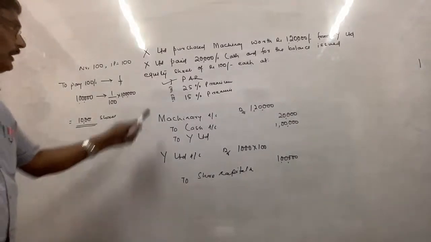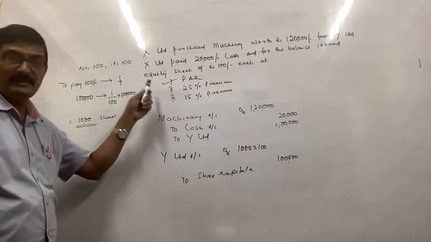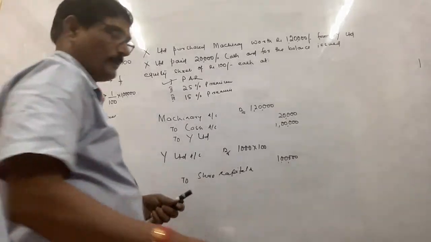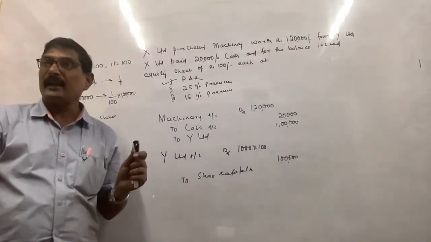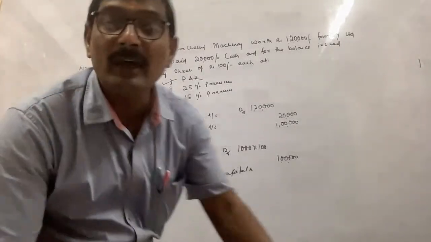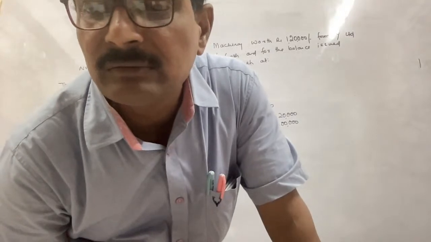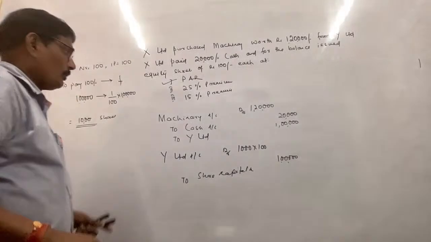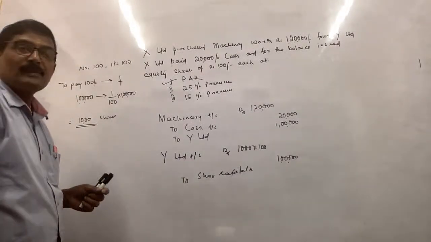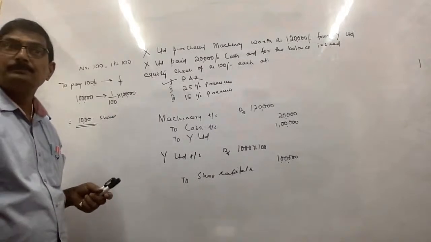Next case, issue of shares at 25% premium. What does it mean? Nominal value of the share is 100 and we are issuing it at 125.